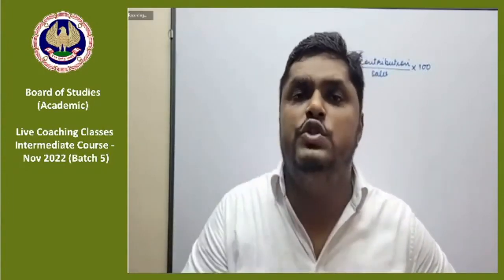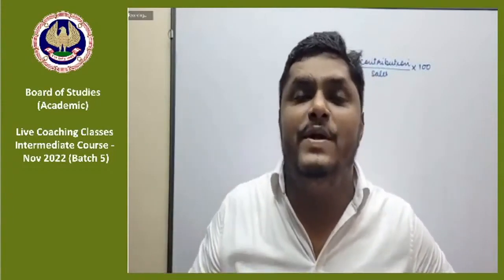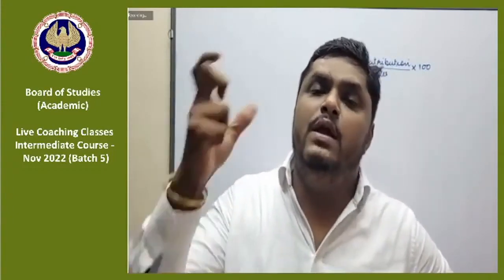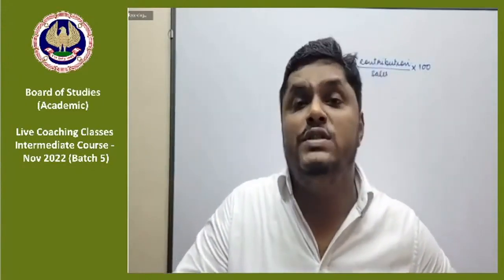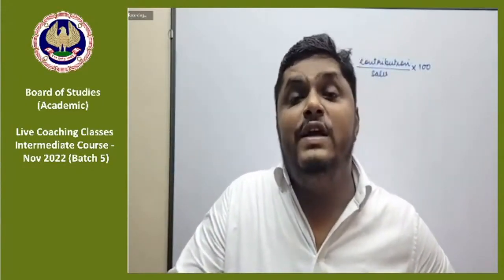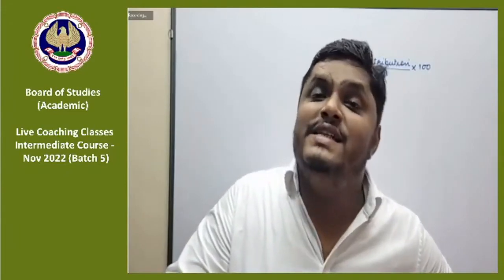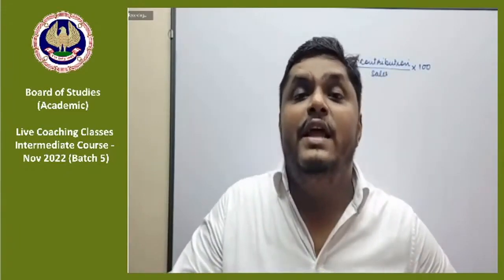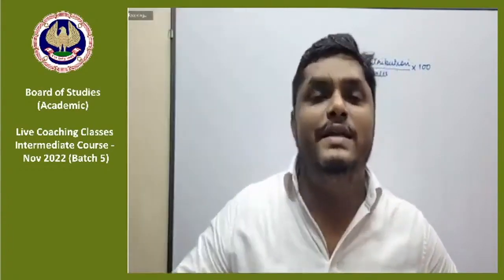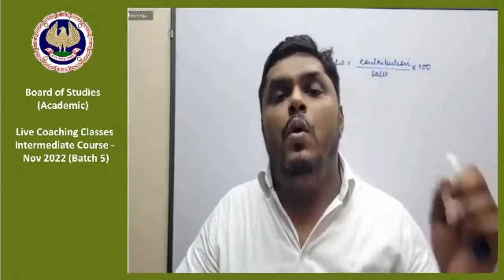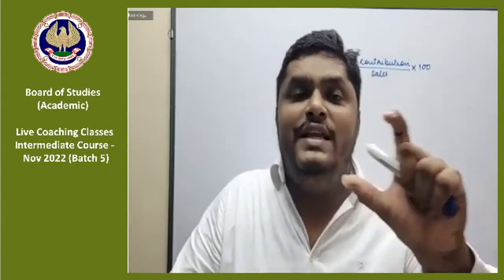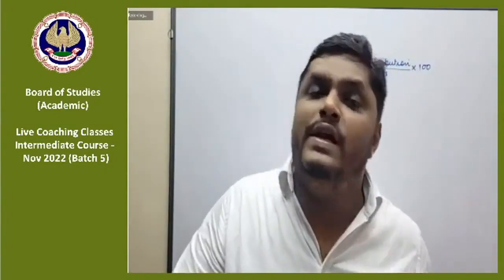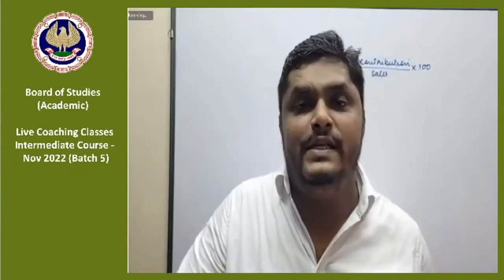हमारा contribution जो है हमारी sales का कितना percentage, it shows the relationship between contribution and sales. Further, we have discussed a few assumptions: if the question is silent and the sales is increasing or decreasing, it means the units are increasing or decreasing. So what I want to conclude is that even though there is any change in units, the PV ratio will remain constant at all levels of sales.